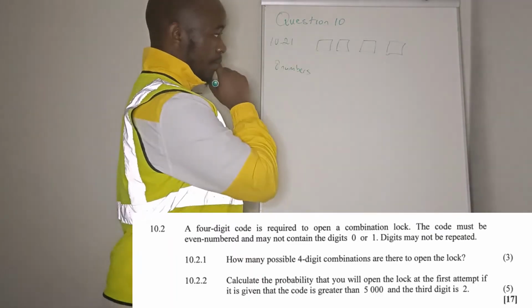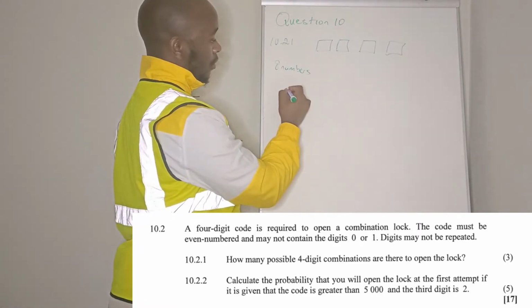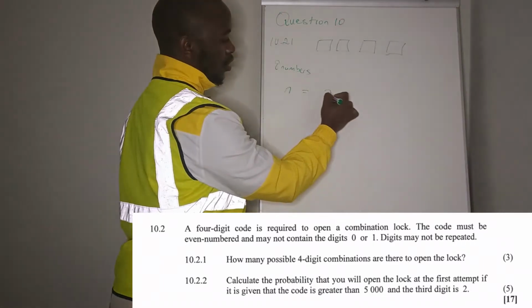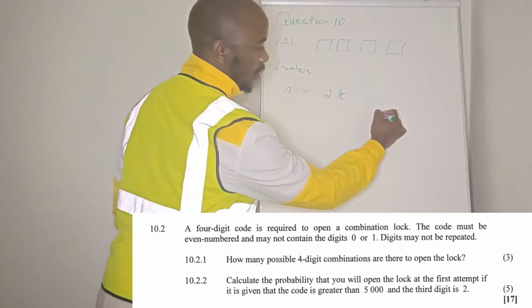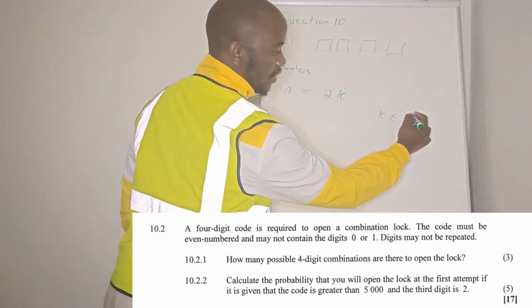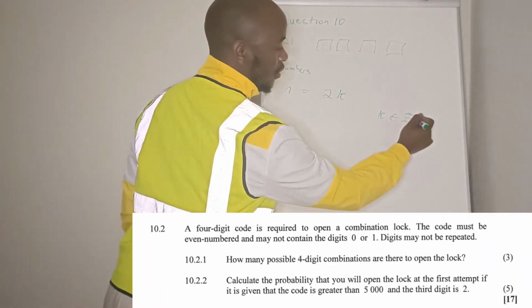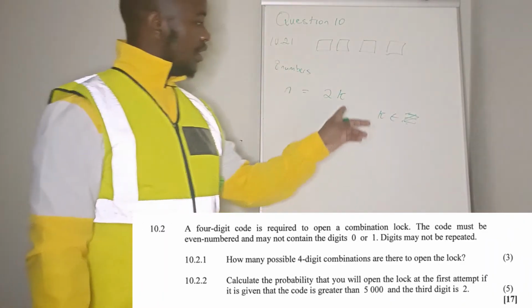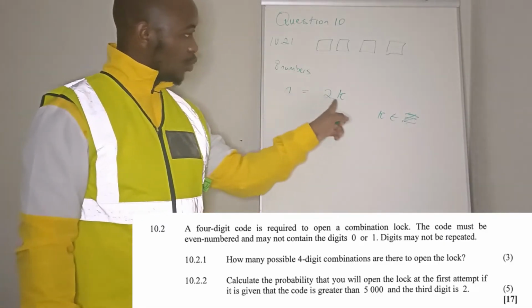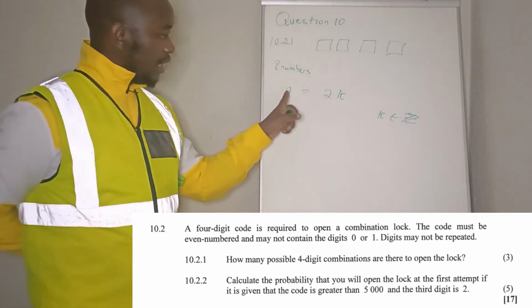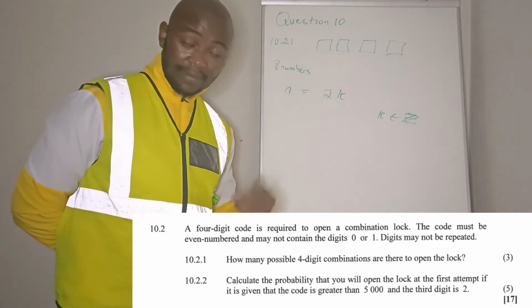If we say we have the number equals 2k, where k is an element of integers, so we have the formula n equals 2 times k. So if the number n is divisible by 2, then that number is an even number.